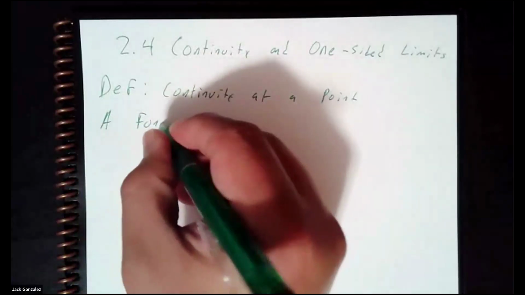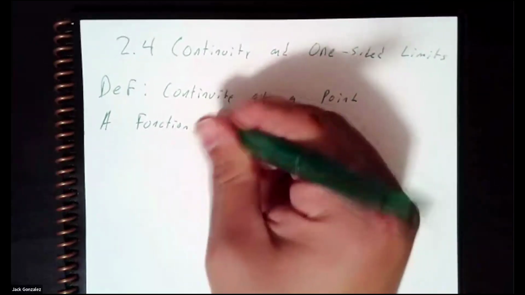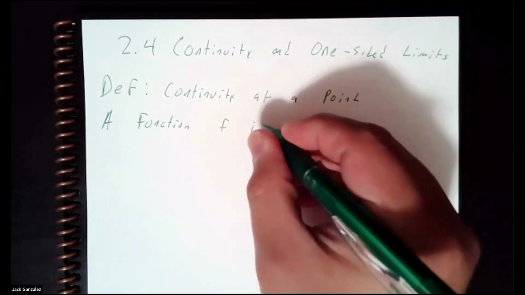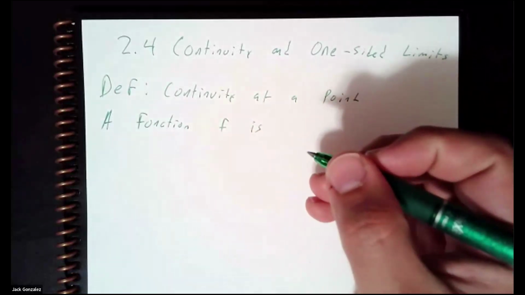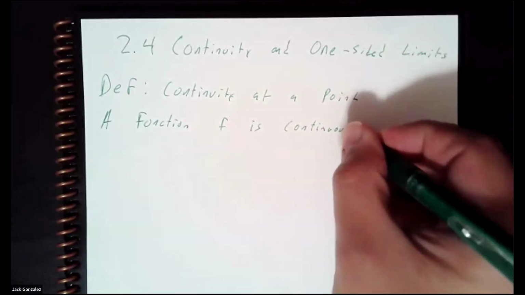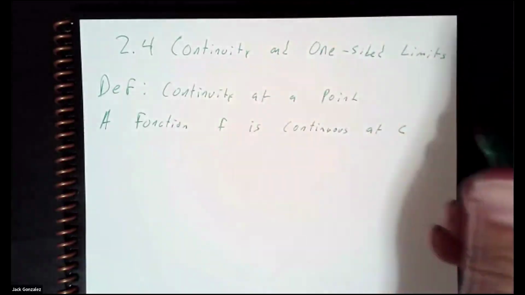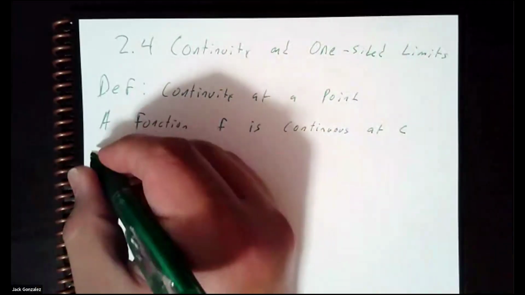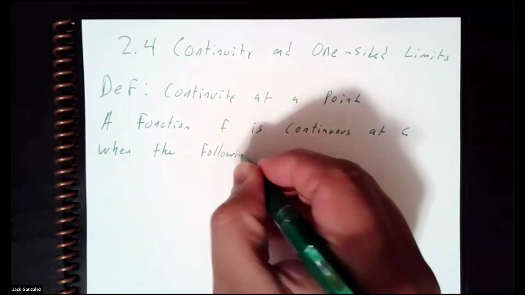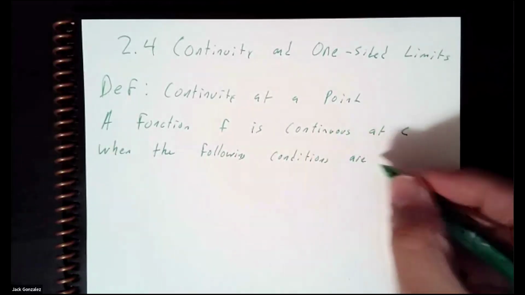So a function f is continuous at C when the following conditions are met.